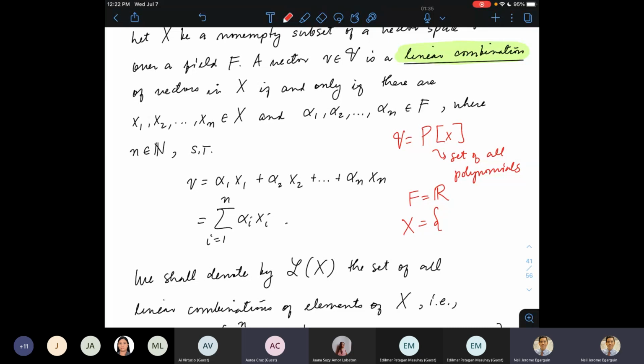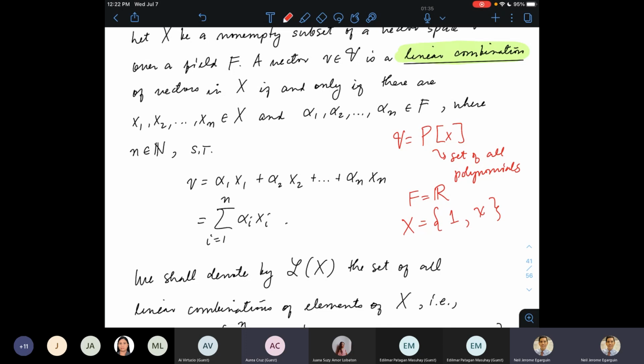What if I'll take this one? The constant polynomial 1 and the linear polynomial X. So halimbawa, ito yung set big X ko. Ang laman niya, constant polynomial 1 and the polynomial P of X equals X. So what do you think would be the set of all linear combinations of elements of big X?